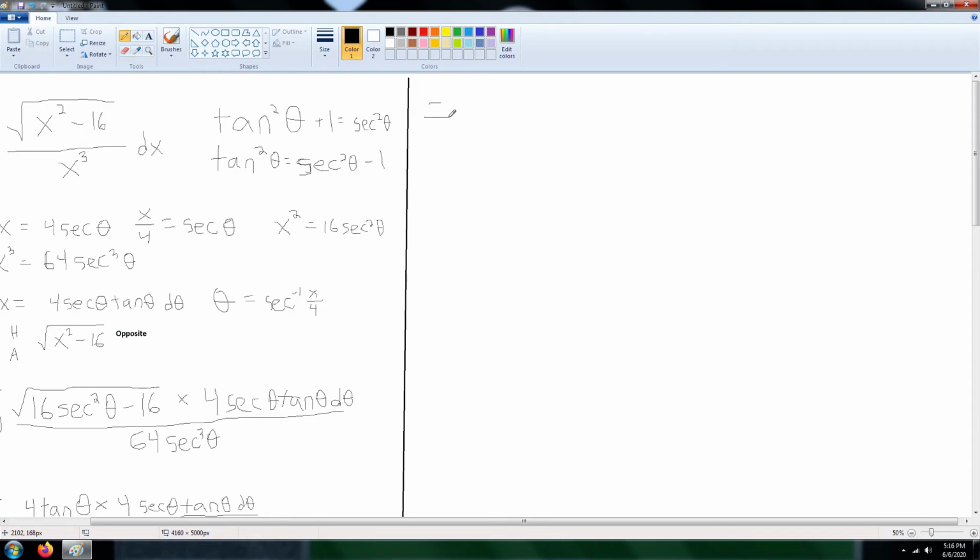So it's going to equal one-eighth theta minus sine of theta cosine of theta plus c. Okay, so are we okay at this point?